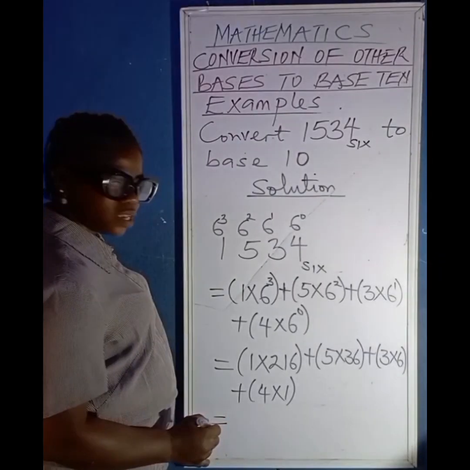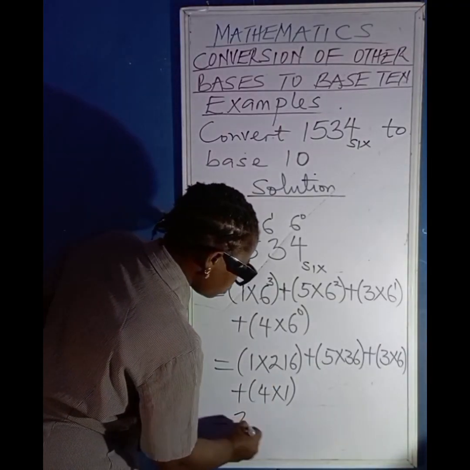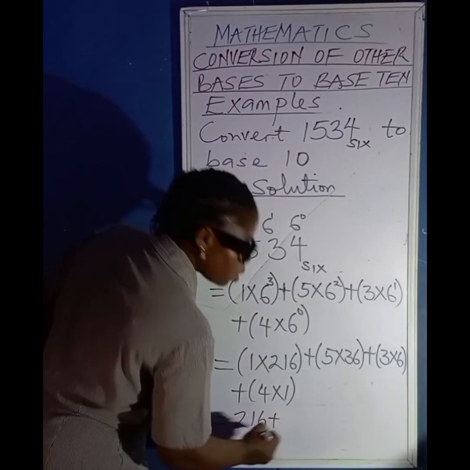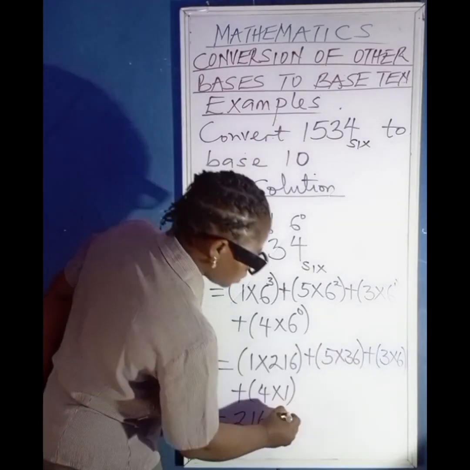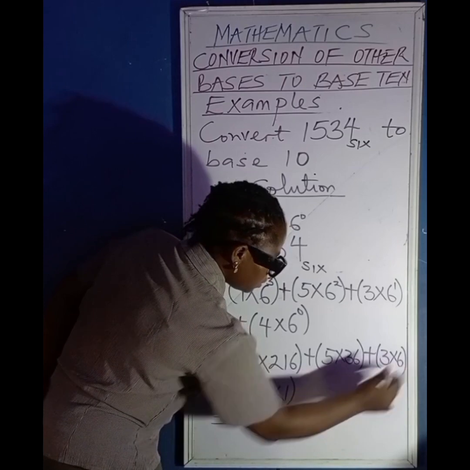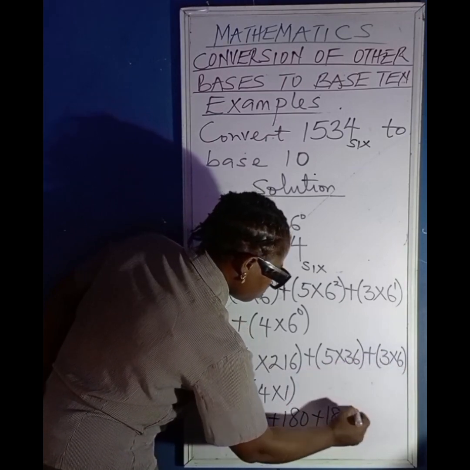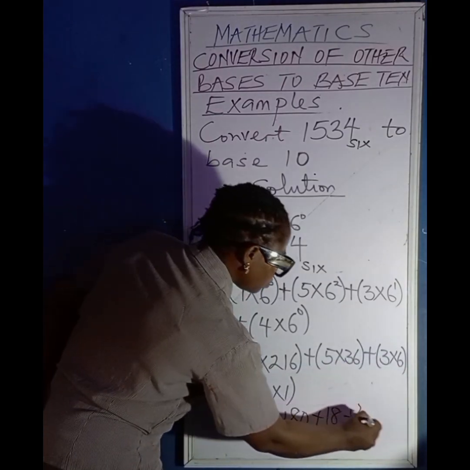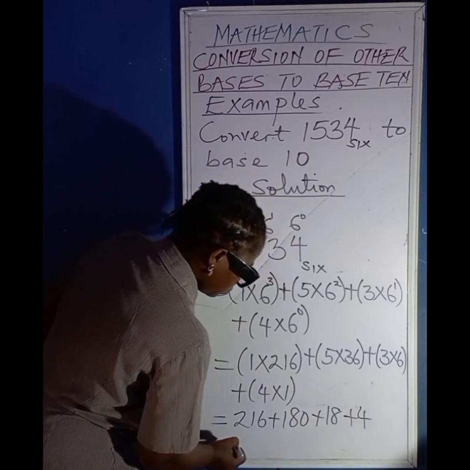The multiplication of each of these will give us 216, plus 5 times 36, which is 180, plus 3 times 6, which is 18, plus 4 times 1, which is 4.